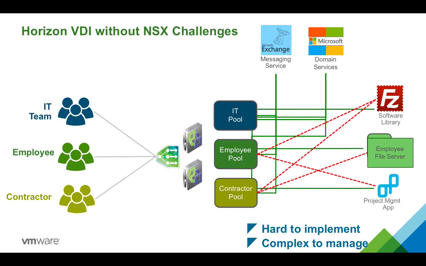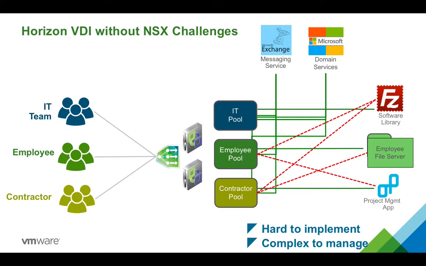Before I begin, let me share some of the challenges with Horizon VDI without NSX. In order to use Horizon VDI for different groups of users or different BUs, you probably have to create multiple desktop pools and assign one of these desktop pools to each business unit or group, right? Usually these desktop pools map to VLANs.